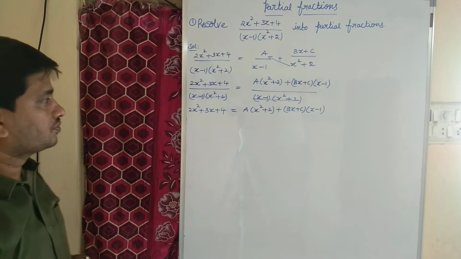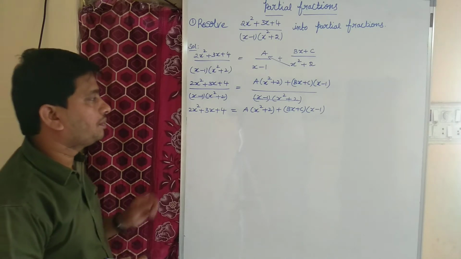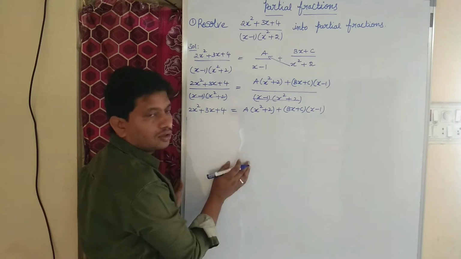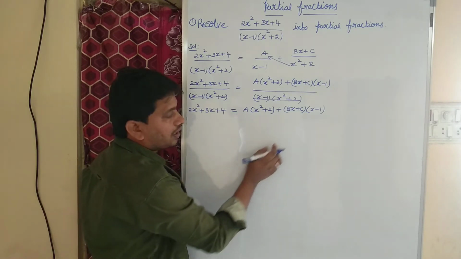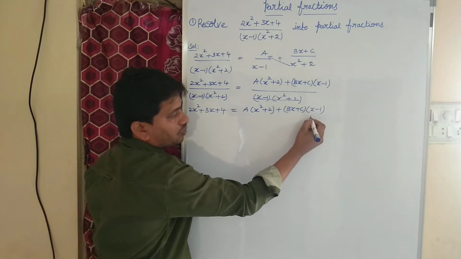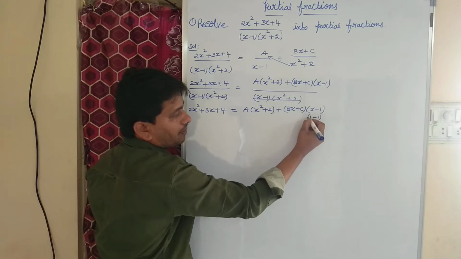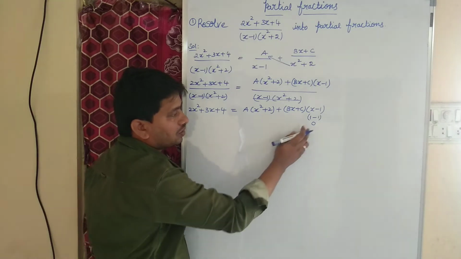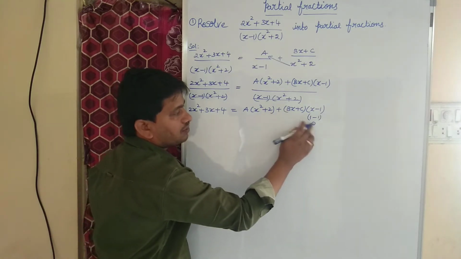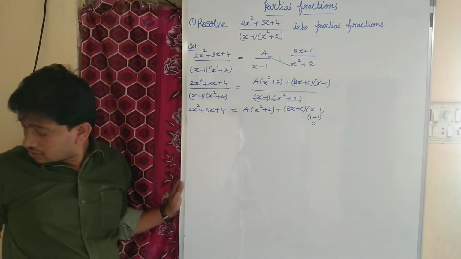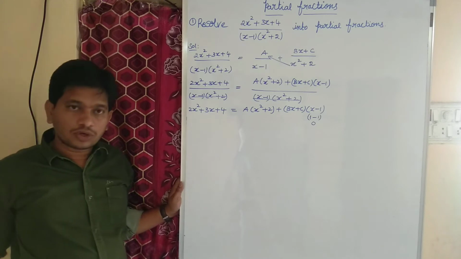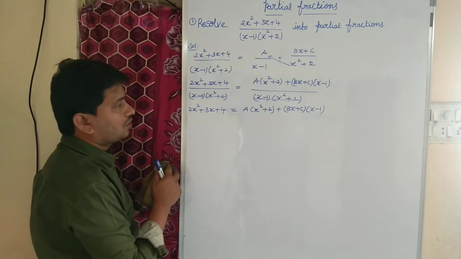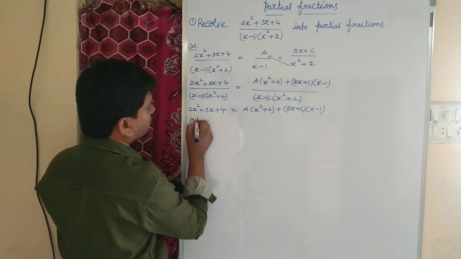Okay children. Now to get the value of a, what I want to do is substitute 1 in the place of x. If I put 1 in the place of x, 1 minus 1 becomes 0, and 0 into this term becomes 0 only. So put x equal to 1.